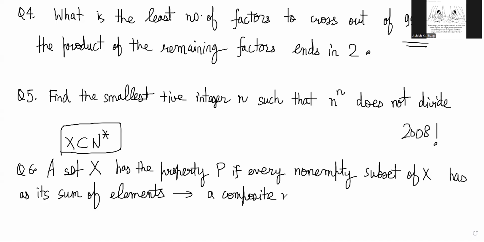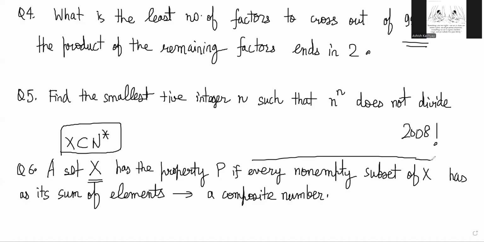The phrasing of this problem is not very good. I will tell you what it means. The set X of positive natural numbers will be said to have the property P if every non-empty subset of X, the sum of the elements of that is a composite number.